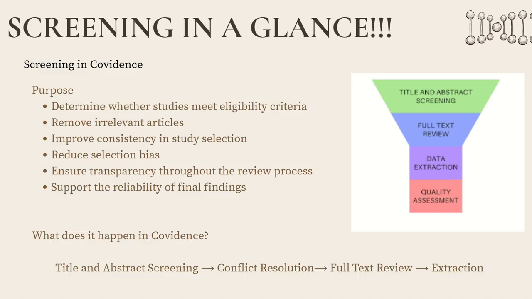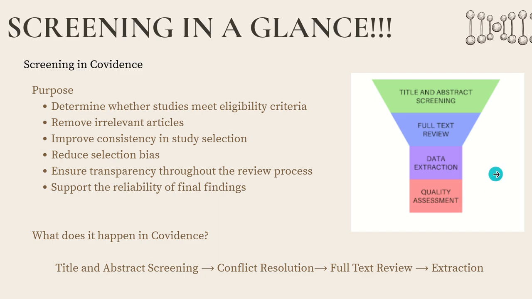So for example, if a paper got 2 no's, it will immediately get removed. If it gets a mix of yeses and maybes, or no's and maybes, it will get transferred to the full text screening. And if it is obviously a combination of yeses and no's, it will move to the conflict stage in the same title and abstract screening phase, okay?